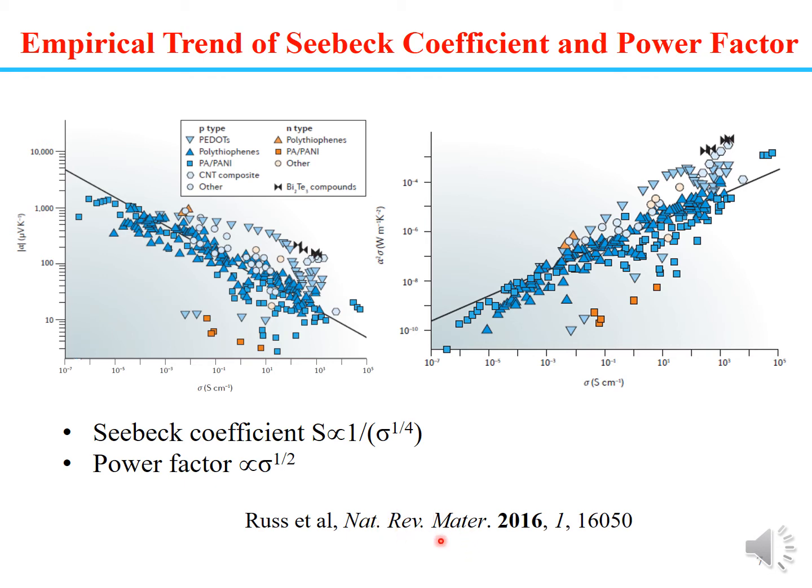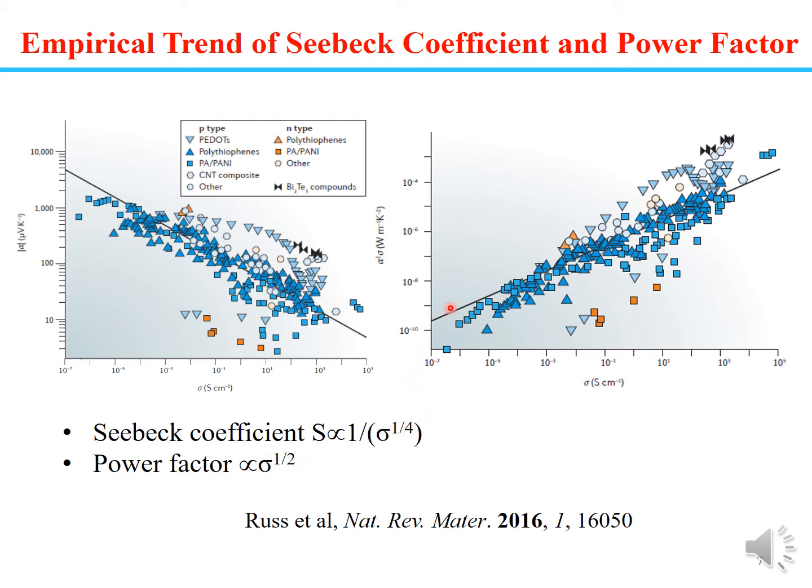In this review article, the authors summarize the relationship between the Seebeck coefficient and the electric conductivity of polymers. The Seebeck coefficient decreases with increasing conductivity and is basically proportional to 1 over conductivity to the power of a quarter.